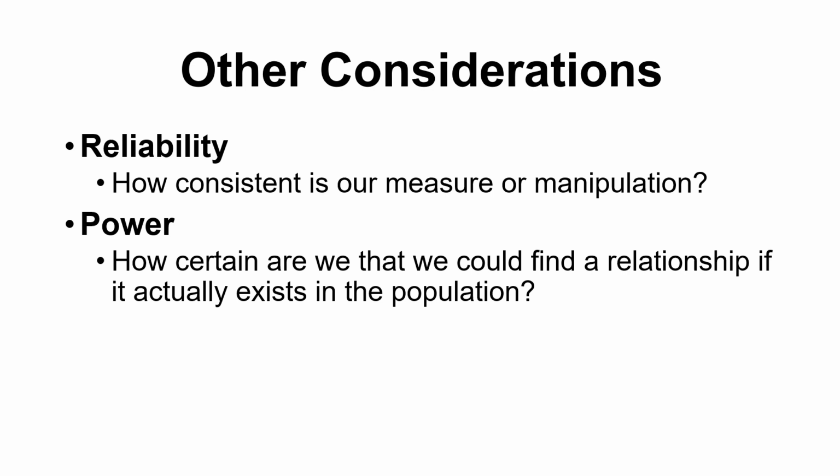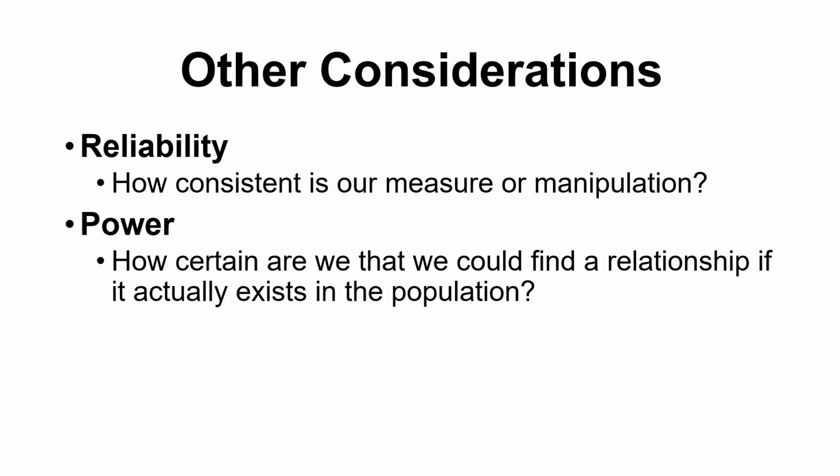So what this means is if you have a study that has high power and you didn't find a relationship, we would be pretty sure that there isn't actually a relationship in that population, because if one was there, we would have found it. Whereas if we have really low power and we don't find a relationship, then we might have not found it simply because our study wasn't the best way to look for it.